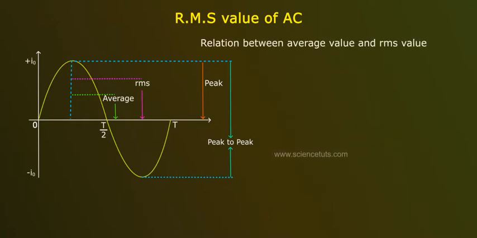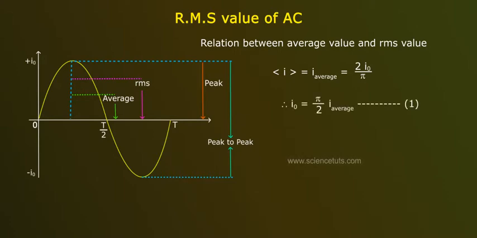Relation between average value and RMS value. I average equals 2 I naught by pi. Therefore, I naught equals pi by 2 times I average, equation 1. And I_RMS equals I naught by root 2.